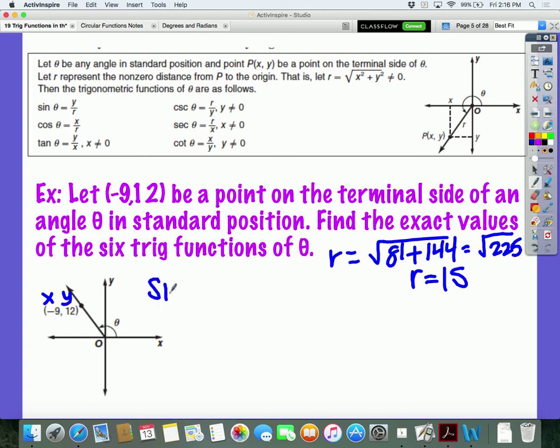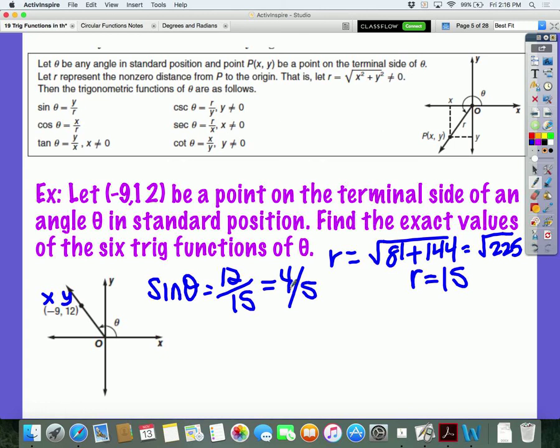So now that you have your r, your x, and your y, you can find each one of the trig ratios. Sine theta is y over r, so it would be 12 over 15, or 4 over 5. Remember, you want to reduce your fractions, just like before, when we first went over right triangle trigonometry.